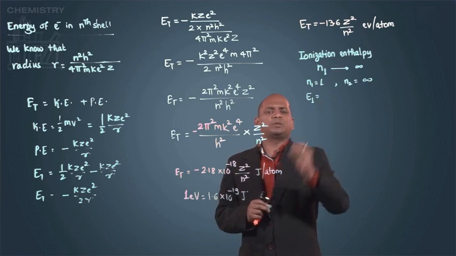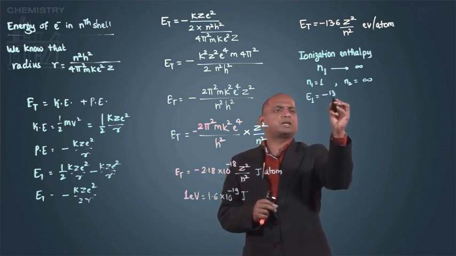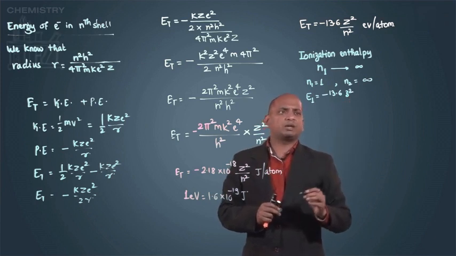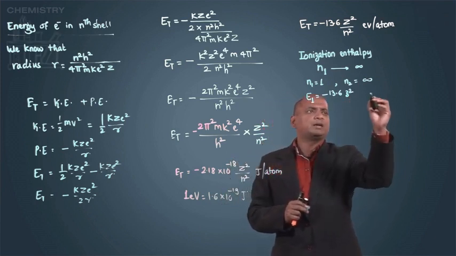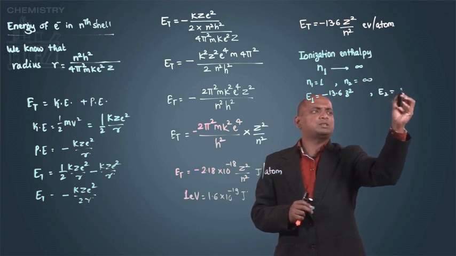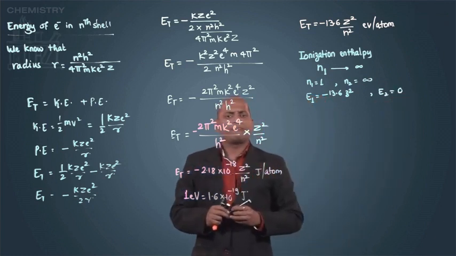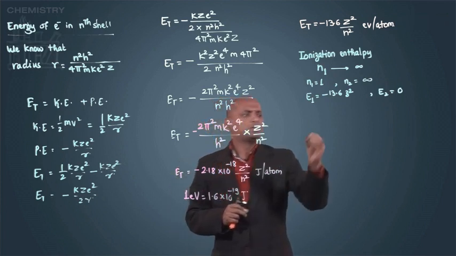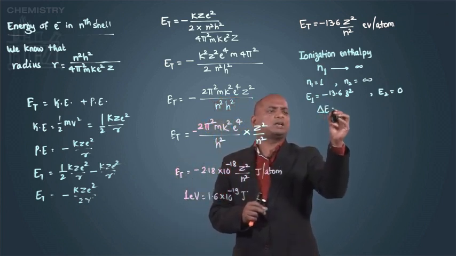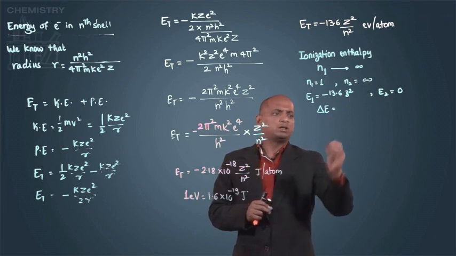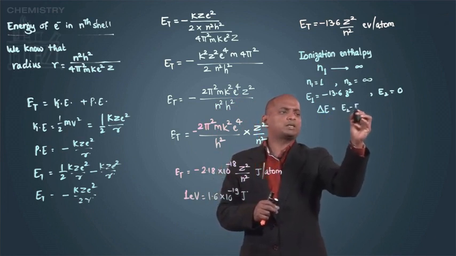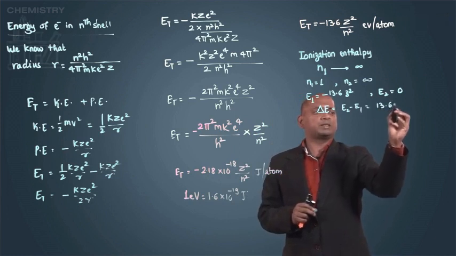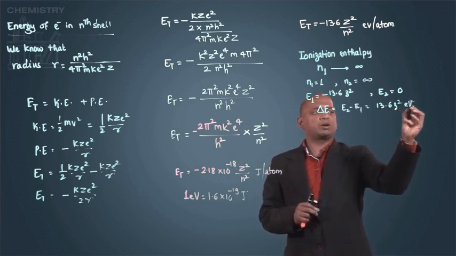E1 is equal to minus 13.6 Z square upon 1 square, right? And what about E2? That is 0, because 1 upon infinity is 0. So delta E is equal to E2 minus E1. So we have 13.6 Z square electron volt.